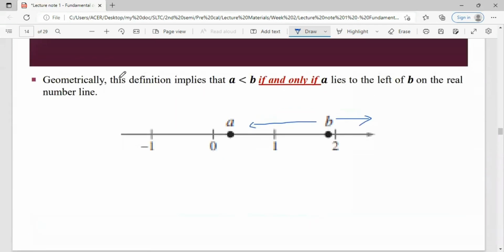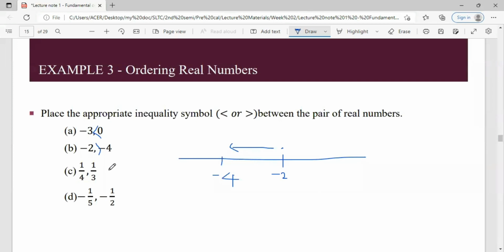Here you can see this definition implies A is less than B if and only if A lies to the left of B, right? Then considering 1/4 and 1/3. What is the value of 1/4? 1/4 equals 0.25, right?